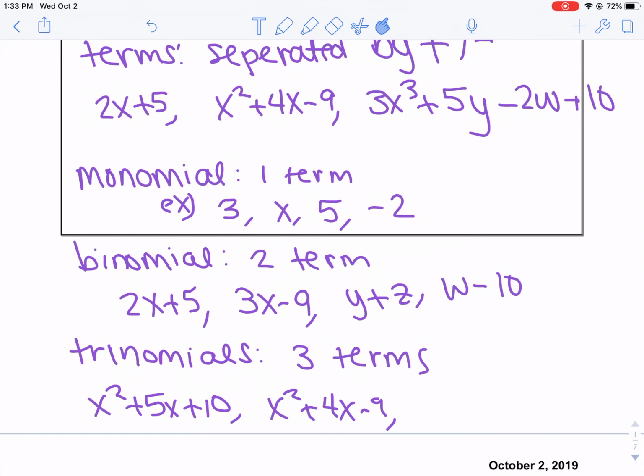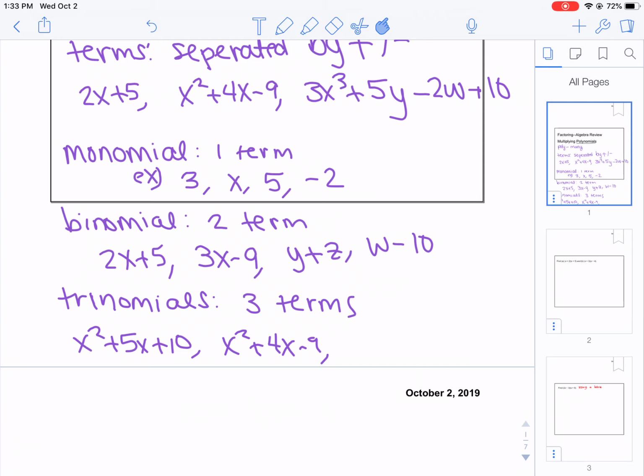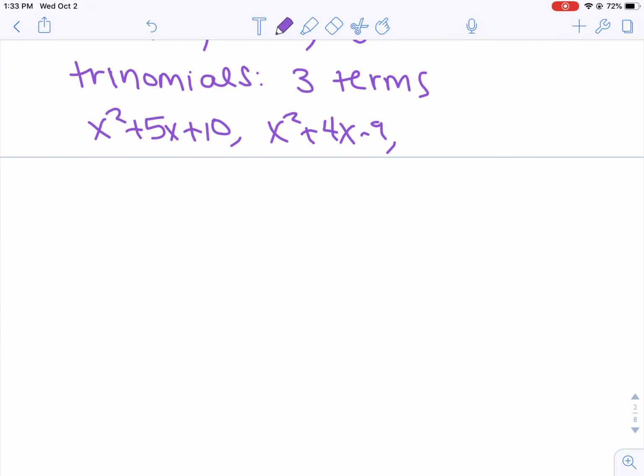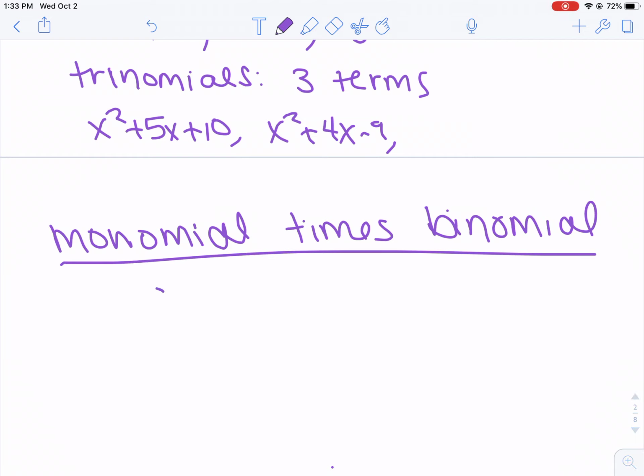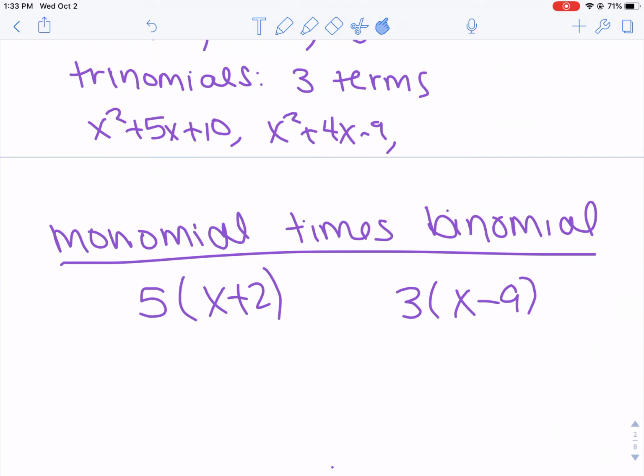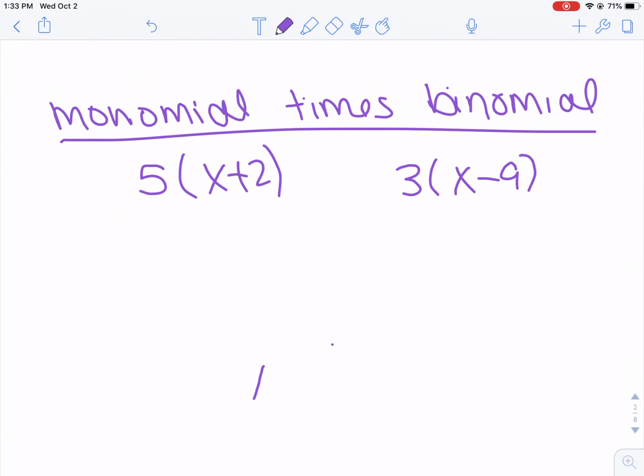So today we're going to be looking at multiplying, and the reason we need to know this terminology is because we're going to look at multiplying a monomial, so one term, times a binomial, so 2 terms. This would look something like 5 times x plus 2, or 3 times x minus 9, or even x times x plus y.